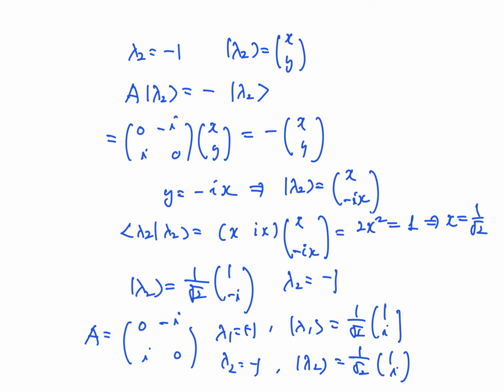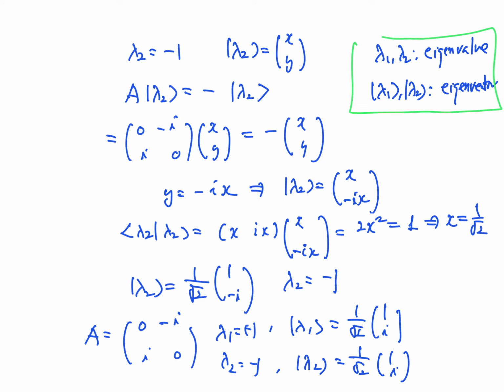So we call lambda 1, 2 the eigenvalues, and the ket vectors lambda 1, lambda 2 the eigenvectors. This is just terminology. Perhaps we can stop for a few minutes and continue.